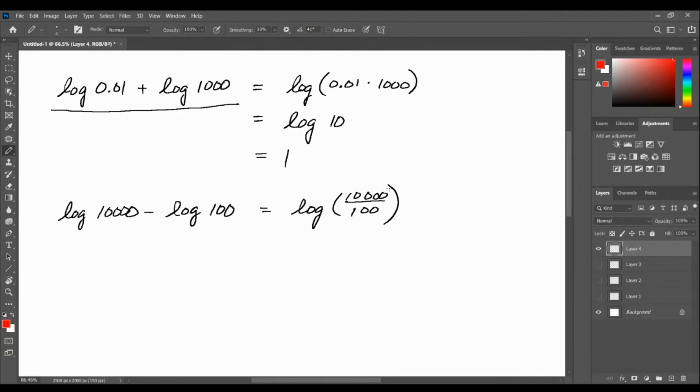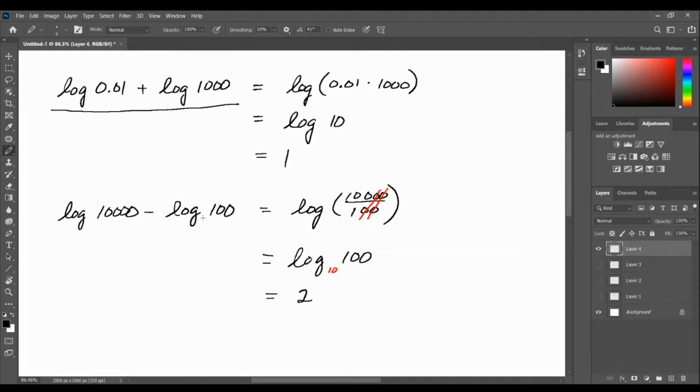And dividing by 100, I can pretty well just cancel the zeros, and I end up with log of 100 and the unwritten but understood 10 raised to what power is 100? That's 2. Once again, I could have typed that into a calculator, but by using this property, I can fairly quickly realize that that difference of logarithms is a result of 2.